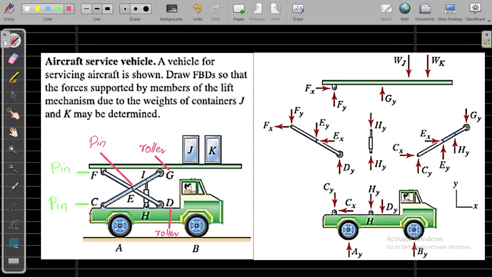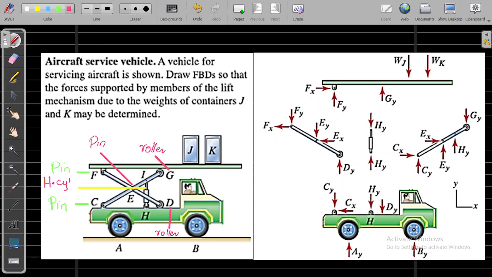And also at this point, this is your hydraulic cylinder.